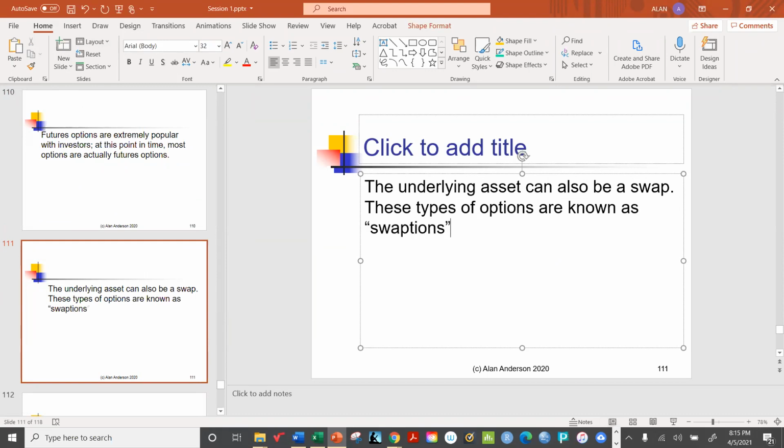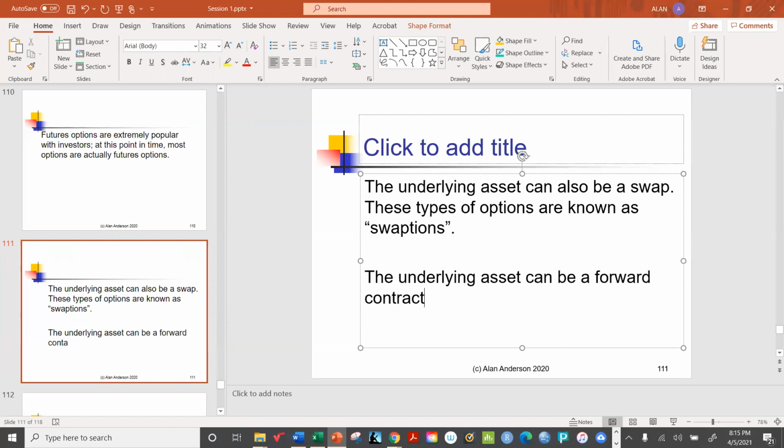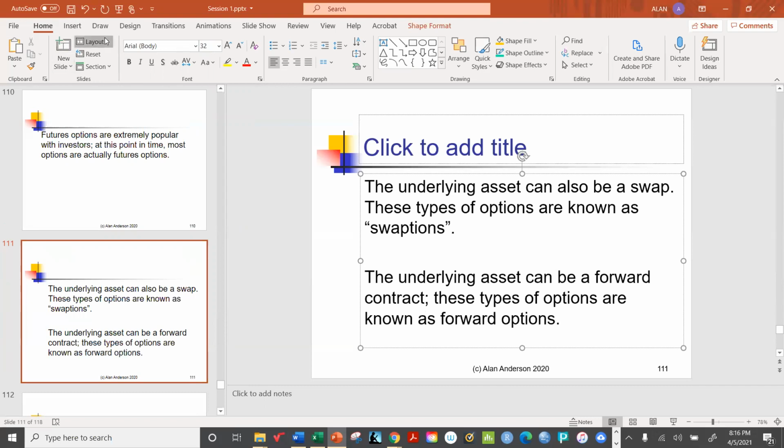Swap options. So you can imagine that there are many different options available, and the underlying asset can be a forward contract. These types of options are known as forward options. Okay, so all of them are available.